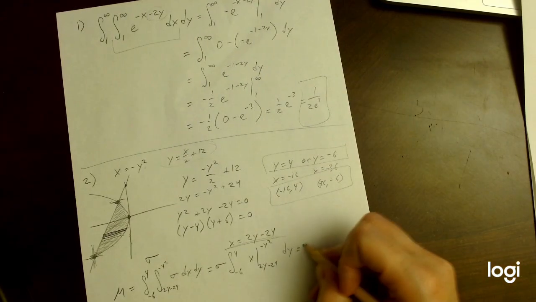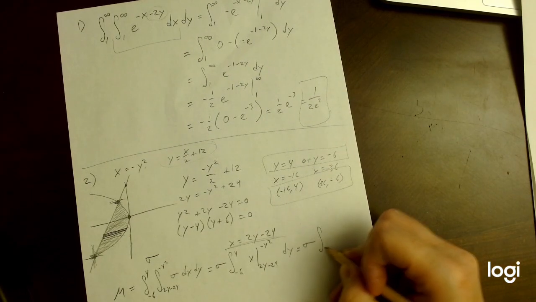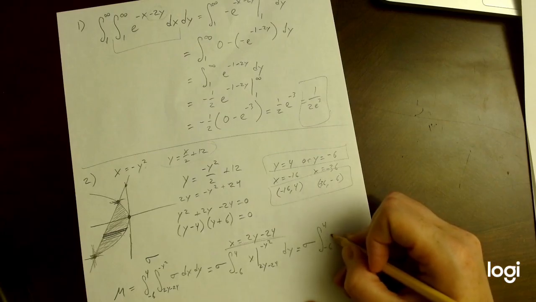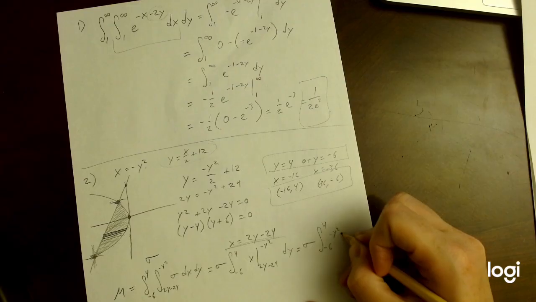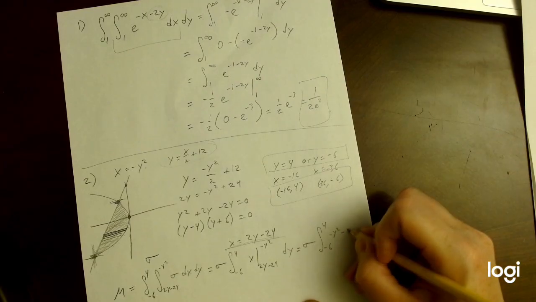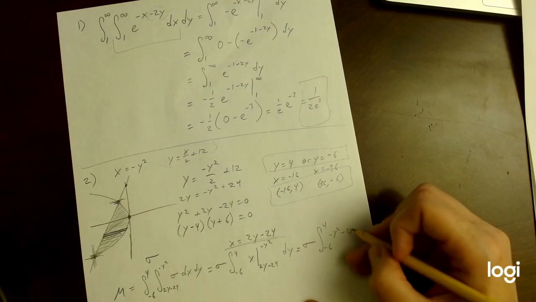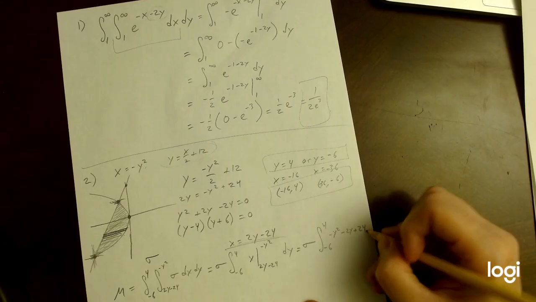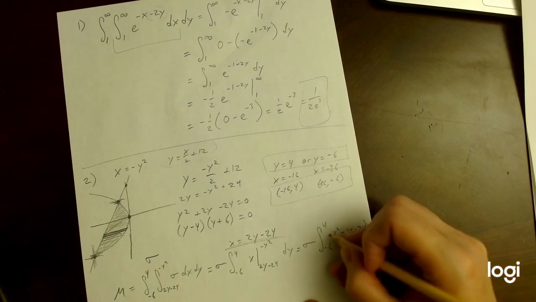And then if we do that again, we get the integral from minus 6 to 4, and then we would have minus y squared, subtracting the lower limit, which would be 2y, and then when we subtract the minus 24, we get plus 24, and all of that is dy, like so.